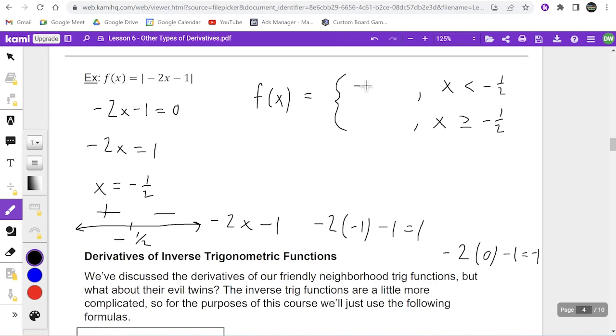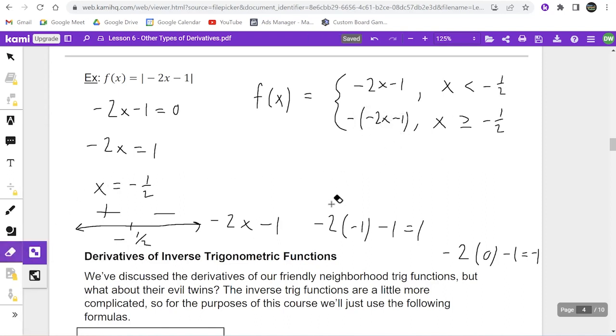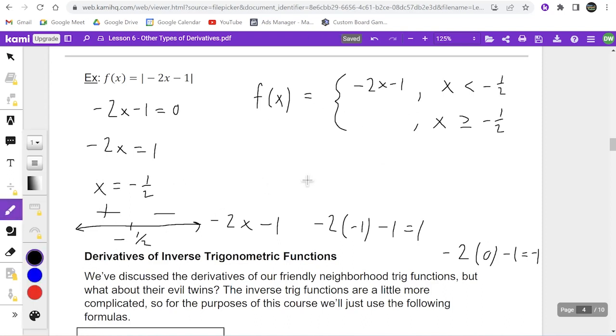Negative 2x minus 1, just get rid of the absolute value sign. You don't need it anymore. And then for the other one, you just slip a negative sign out in front like this. And if you want, you can distribute that negative to both terms, and I'll do that. You get now positive 2x plus 1 when you distribute the negative sign.